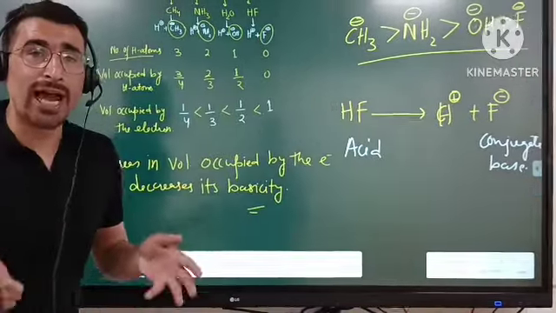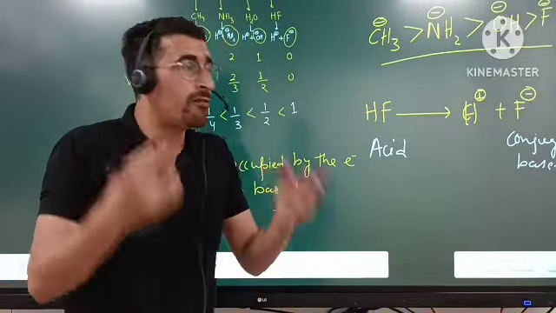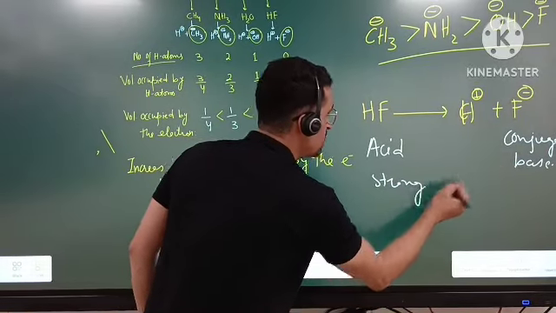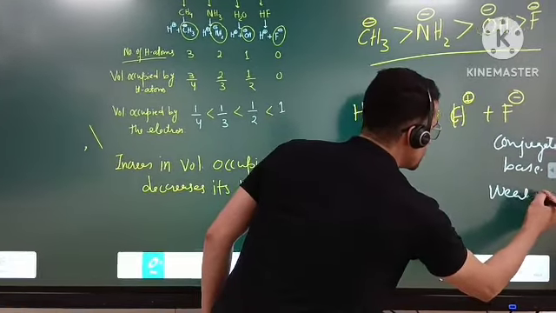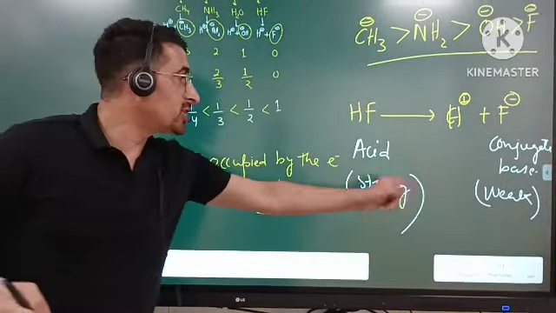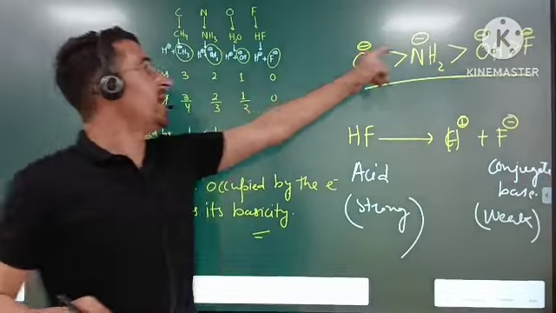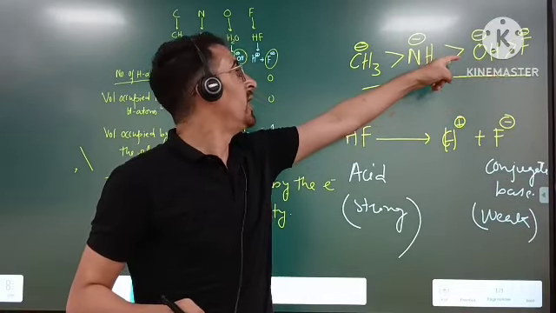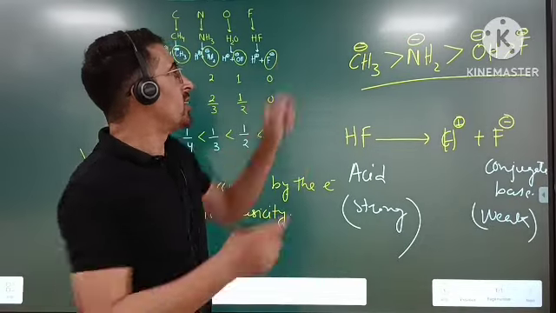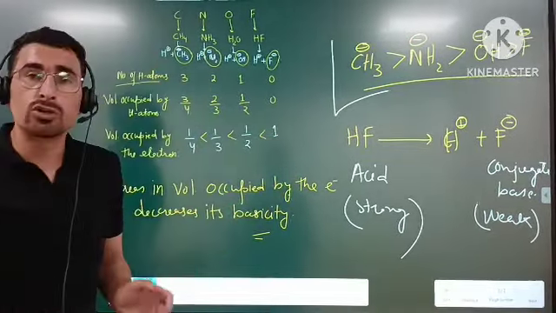And we already know that the stronger the acid, the weaker is its conjugate base. So if it is a strong acid, its base will be weak. So from this point of view, we can also conclude that F minus is a weaker base, OH minus is stronger than F minus, and similarly with these two anions.